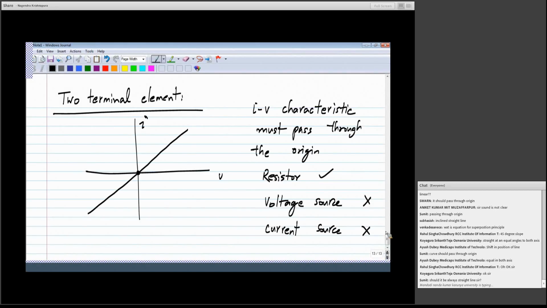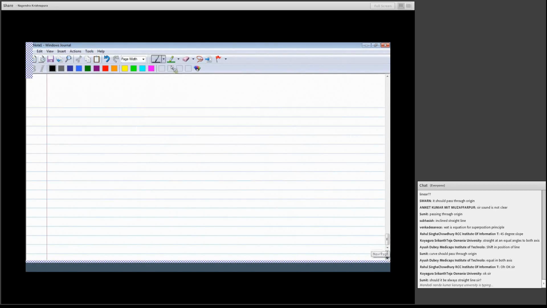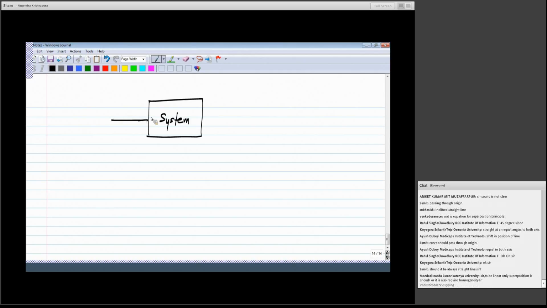Now just some more details of what is superposition. Let's say you have some system, I will show it in an abstract way like this, and here we are talking about two-terminal elements whose stimulus could be a voltage and the response current or vice versa. So let's say you have some input and it has some output.